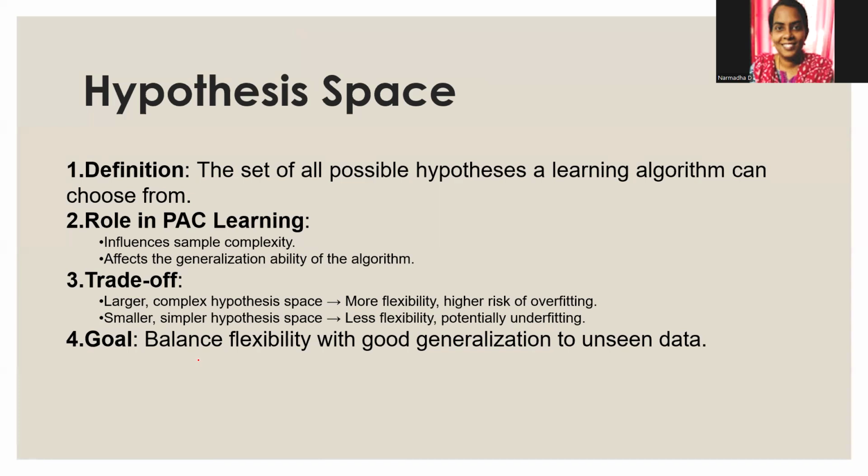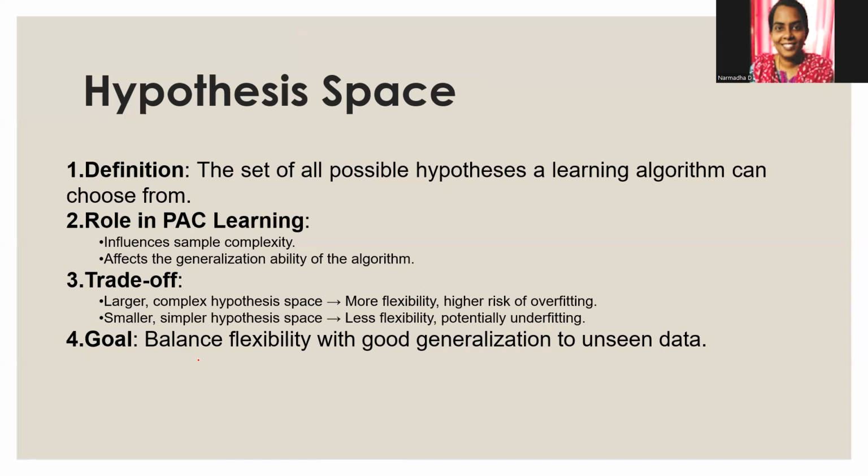But when your hypothesis is very simple, it is less flexible and produces underfitting. It does not perform well on the training data set or on the unseen data set.